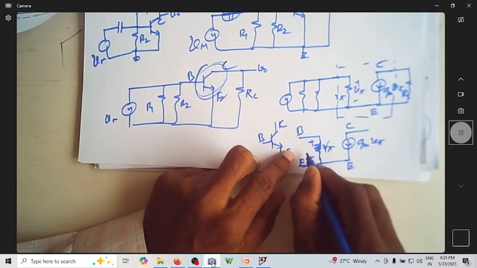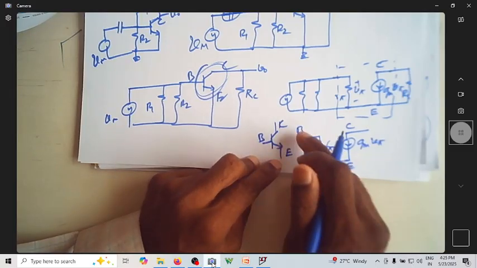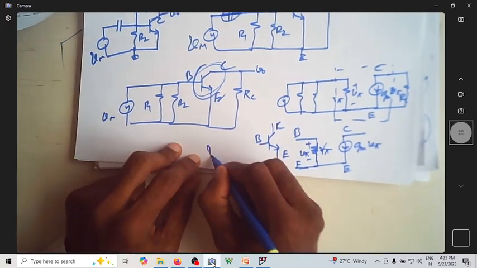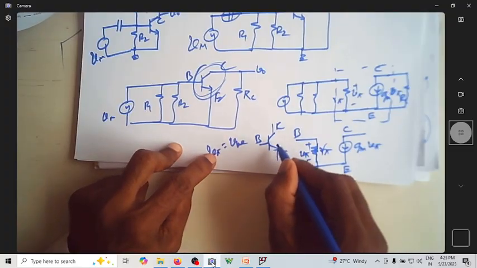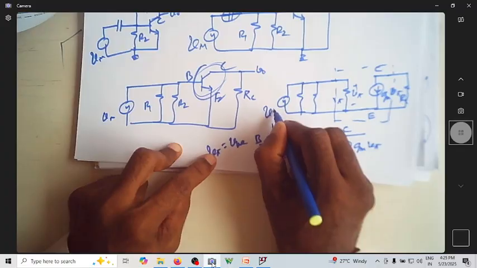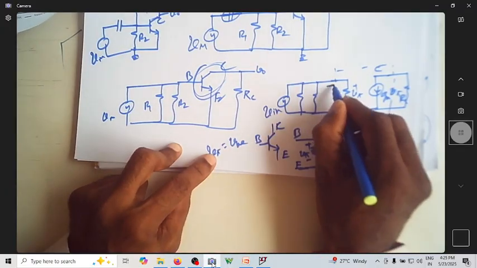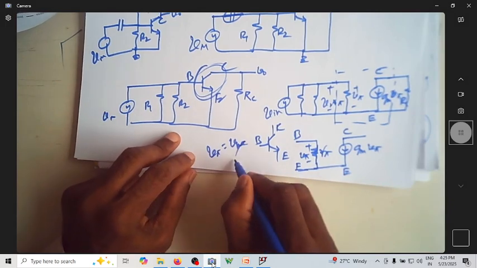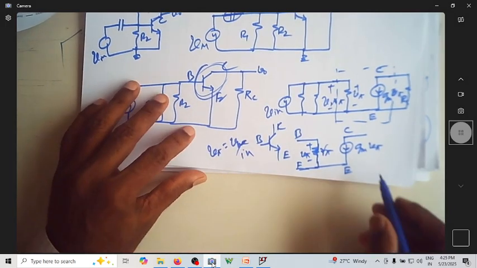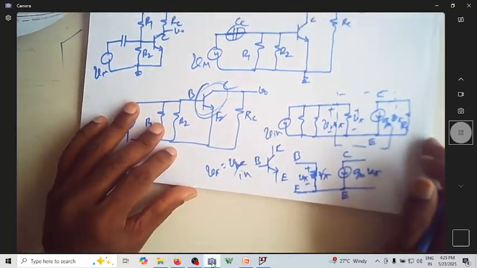V pi is the voltage across base and emitter. You can treat V pi as VBE, or the input voltage that is applied. So this is your equivalent circuit.